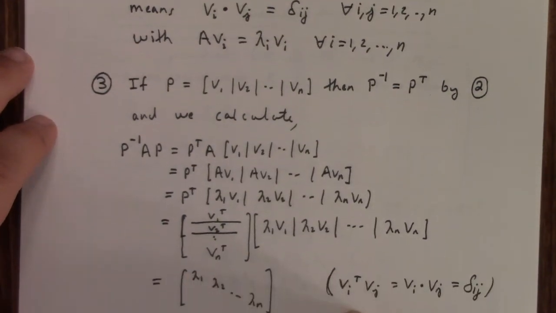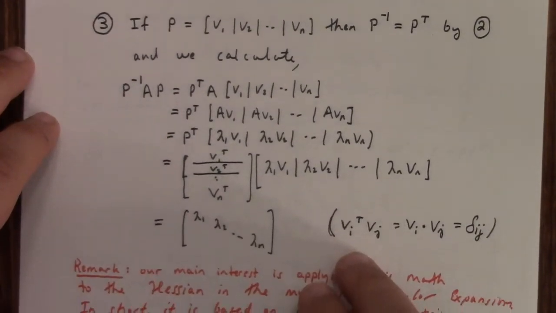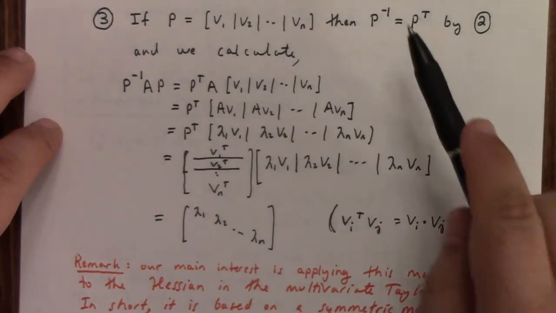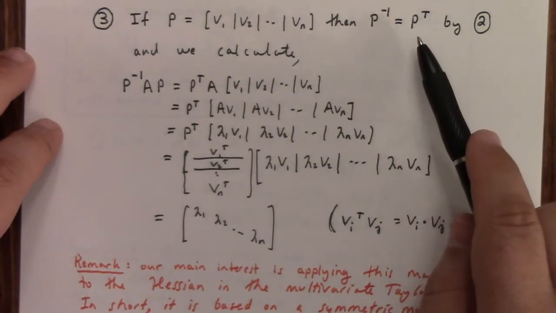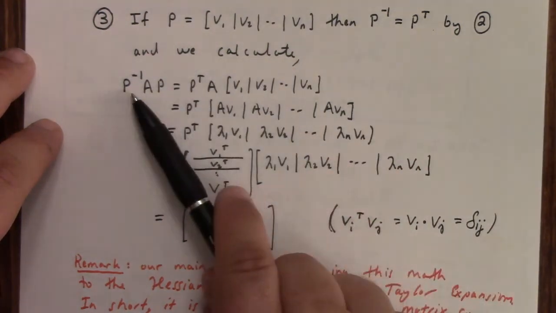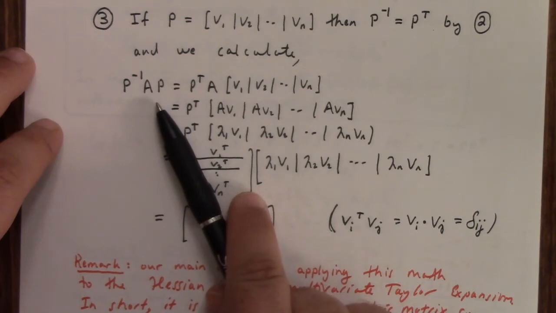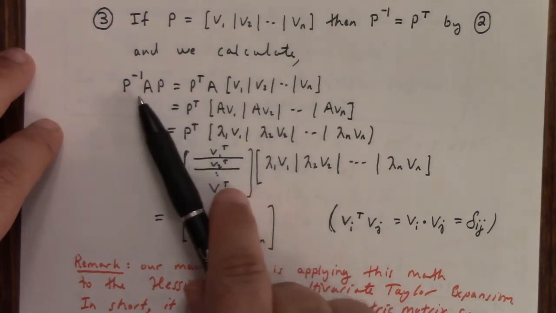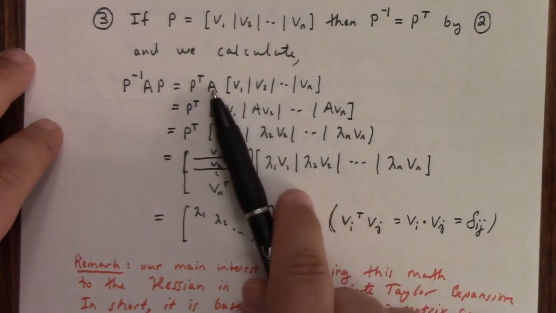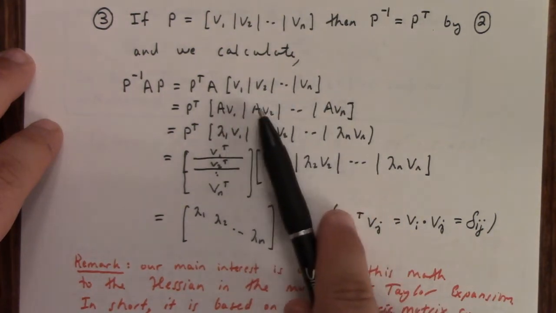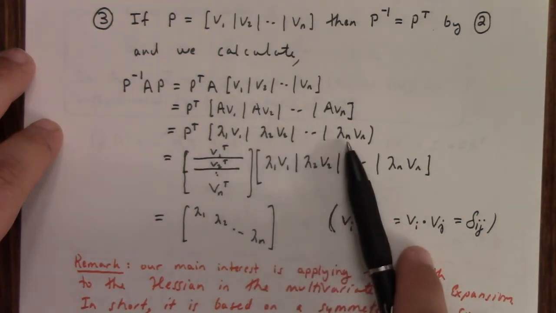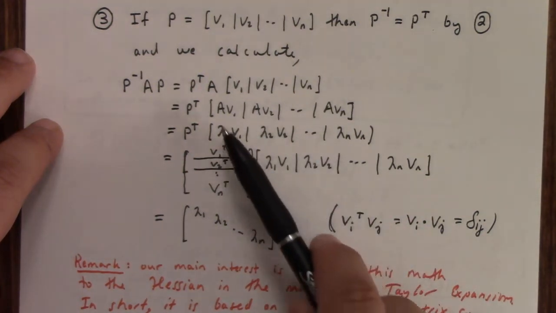And what that means then, among other things, is if you make a matrix by gluing those together, first of all, the orthonormality implies that the inverse is the transpose. And you can calculate that this similarity transformation of the matrix, P inverse AP, is actually P transpose A P. But by properties of matrix multiplication, A times V1 is AV1, AV2, AVn, which is lambda 1 V1, lambda 2 V2, lambda n Vn, which is this stack.